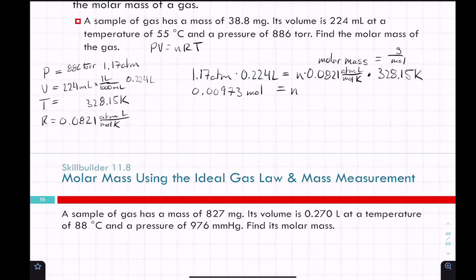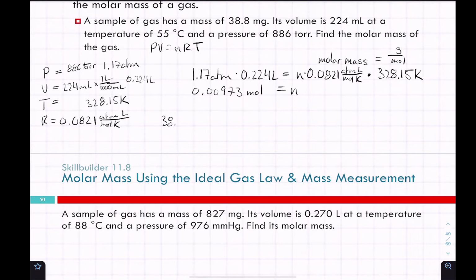There's one last thing we have to do before we can actually calculate the molar mass. What do we need to calculate molar mass? Grams. And what do we have for mass? Milligrams. So you have to convert milligrams to grams.